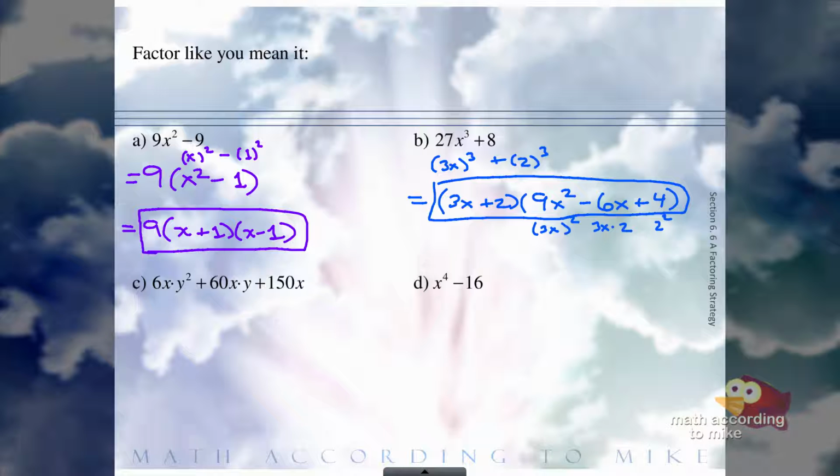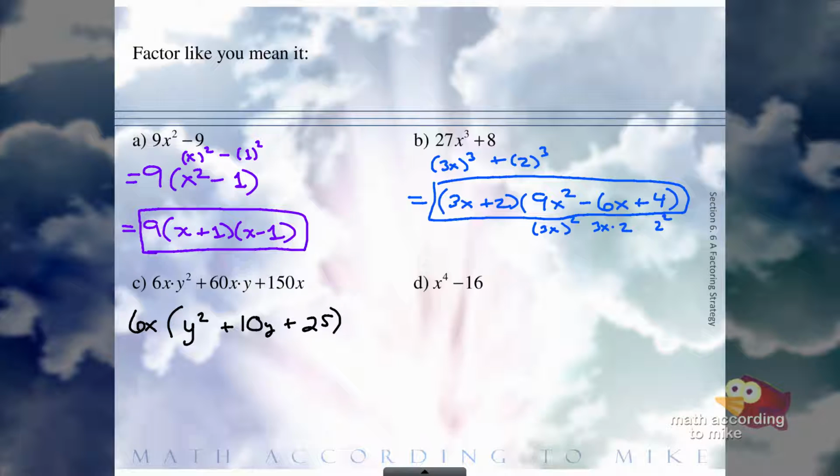Fantastic. Part C, 6xy squared plus 60xy plus 150x. Again, first rule in factoring, take out a GCF. We can pull out a 6x. If we pull out a 6x, we are left with y squared plus 10y plus 25.